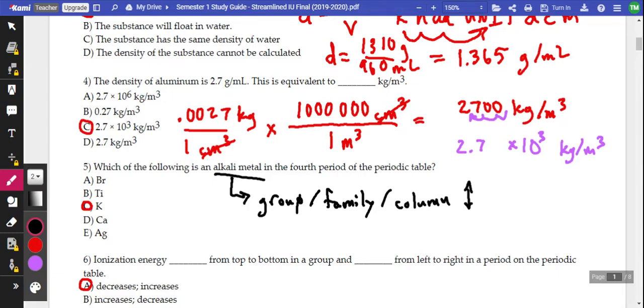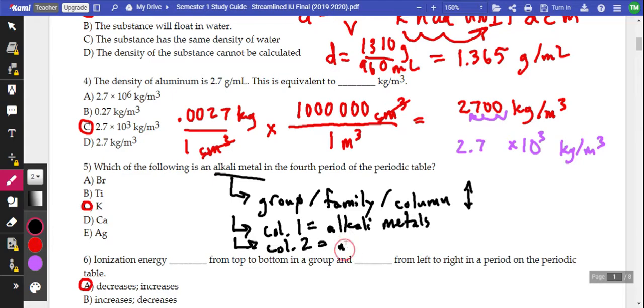So the 4 I would say are best to know: column 1 is the alkali metals. Column 2 is the alkaline earth metals.